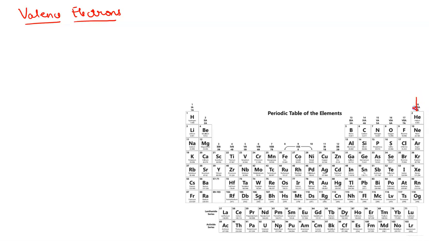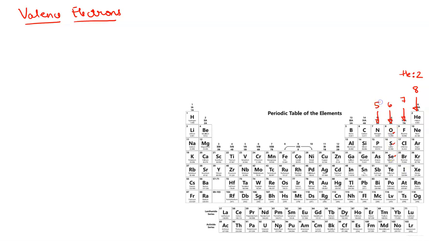The very last column right here, I'm going to begin with that. This column has 8 valence electrons with the exception of helium. Helium has only 2. The fluorine column, the halogens, have 7 valence electrons. The oxygen column, basically oxygen, sulfur, selenium, have 6.